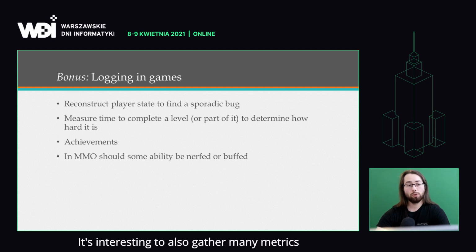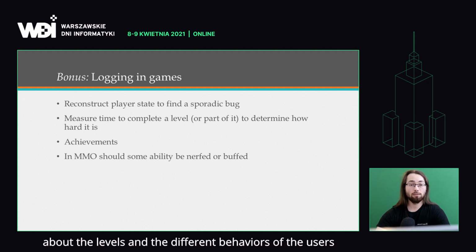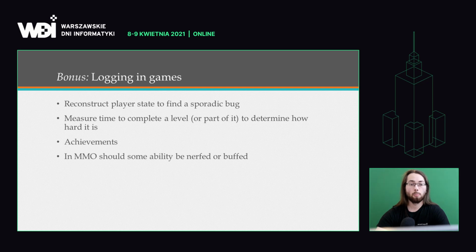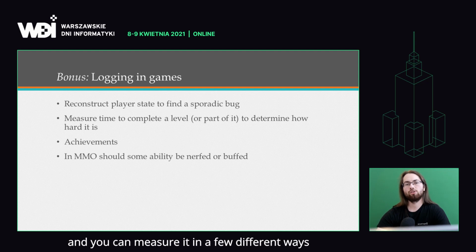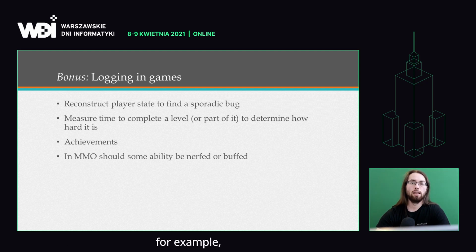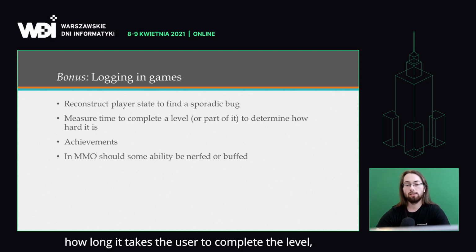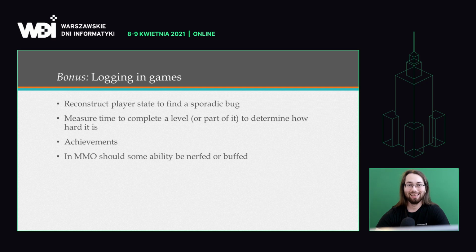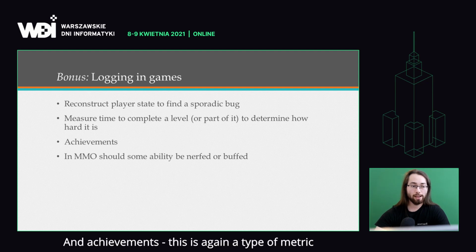It's interesting also to gather many metrics about the levels and the different behaviors of the users. So one of the things is how hard the level is. And you can measure it in a few different ways. For example, how long it takes for the user to complete the level. How long does it take for them to die? How far they get before they die, etc. And achievements.